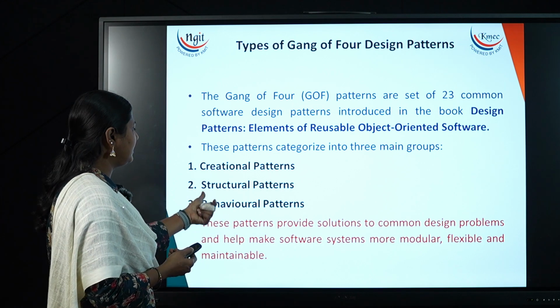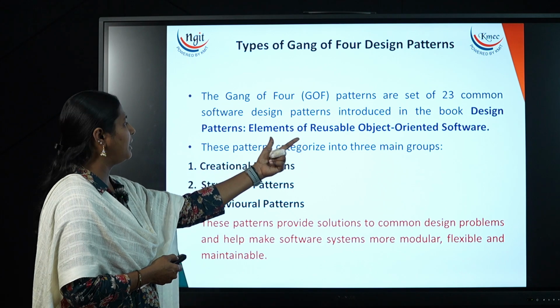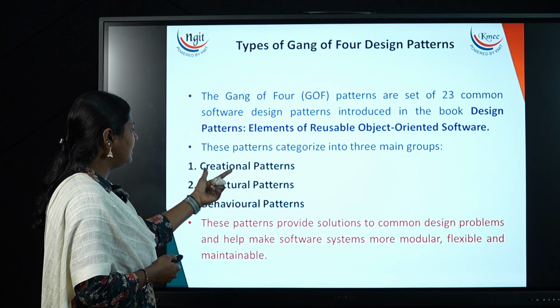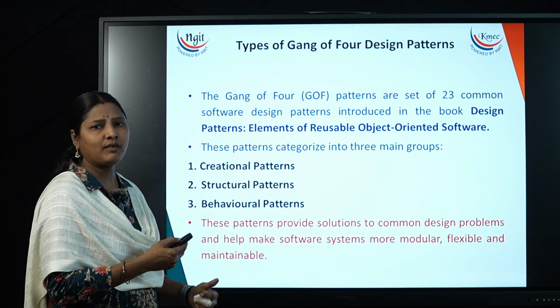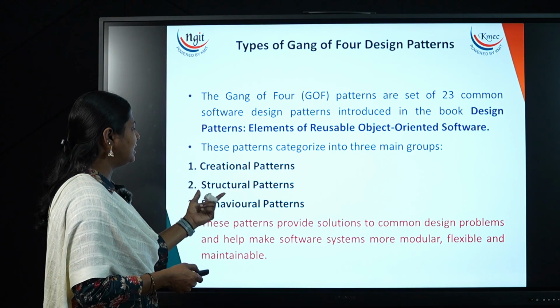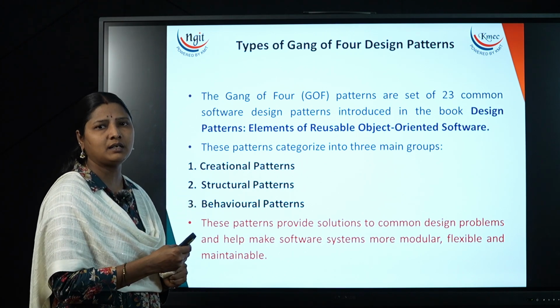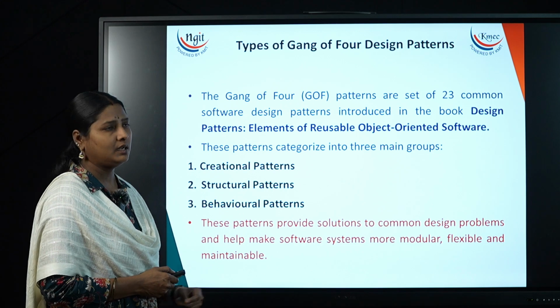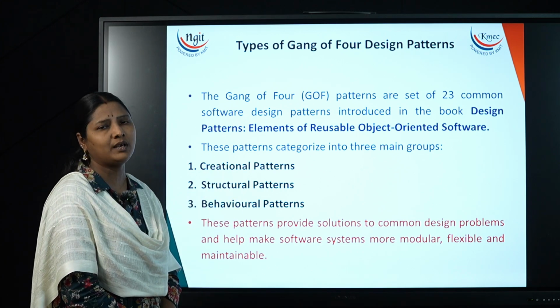They categorized them into 3: creational, structural and behavioral. Depending on the requirement, the developer can choose any of these patterns to develop the software. So this is all about the GoF, the Gang of Four design patterns.